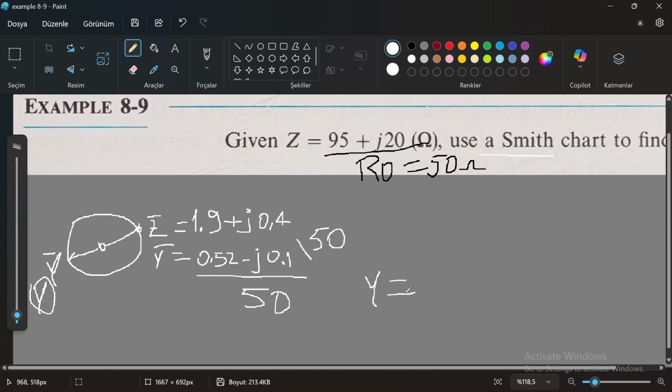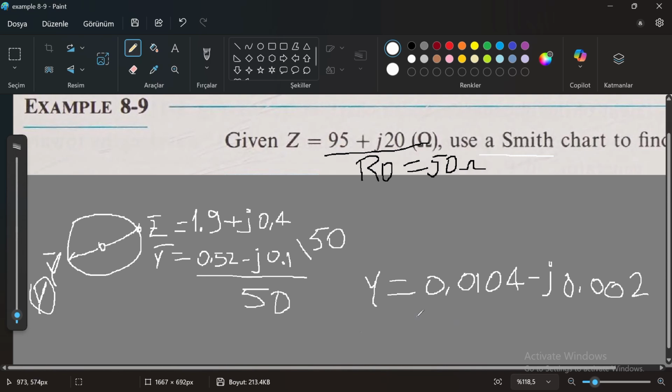So I will divide 0.52 by 50. It is 0.0104. Also minus j: 0.1 divided by 50 is 0.002. I'm using the touchpad, so it is a little harder.